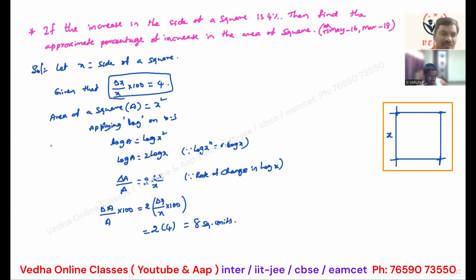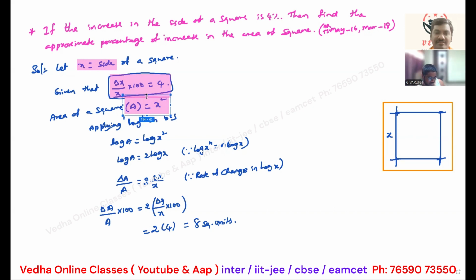Here, what is important? The most important thing is considering x as the side of the square. After that, delta x by x into 100 is equal to 4%, which is given, and the area of the square formula, x square.